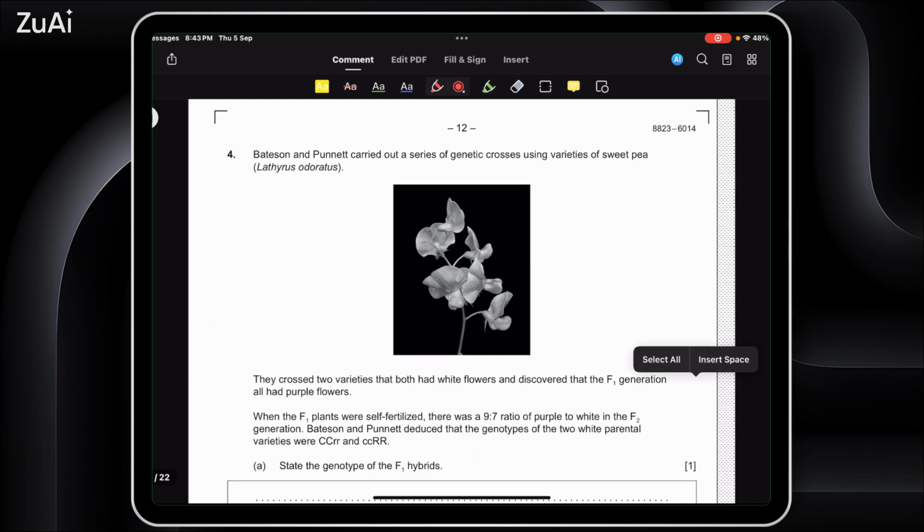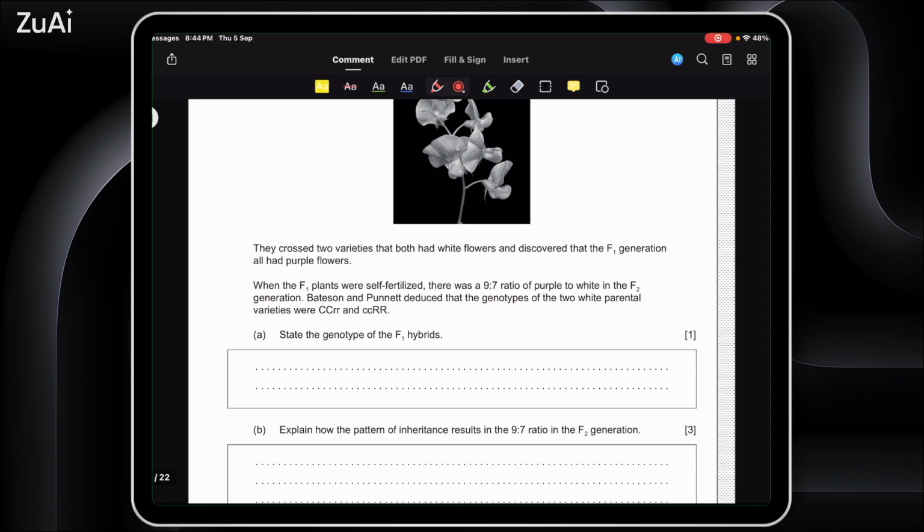Okay. Then Bateson and Punnett carried out a series of genetic crosses using varieties of sweet pea. So they crossed 2 varieties. Okay, state the genotype of the F1 hybrid.